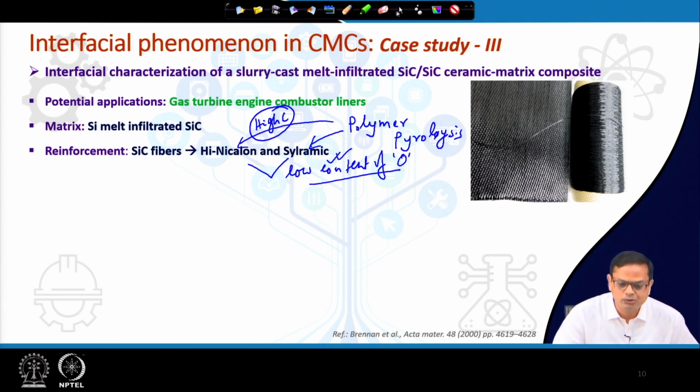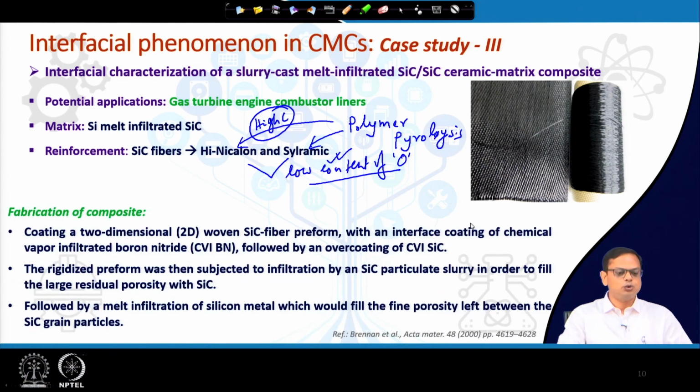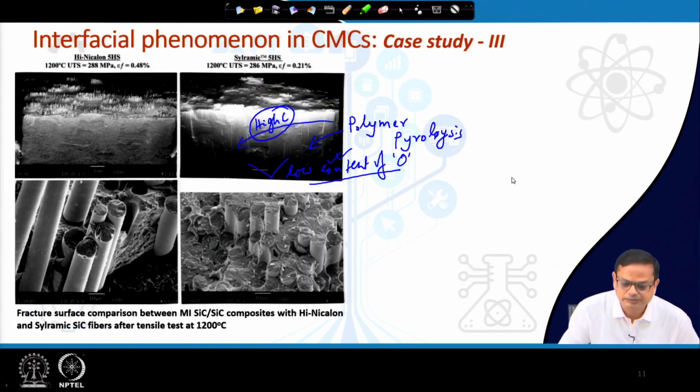Now, let us see how this composite has been made. This is something we need to understand: this kind of SiC fiber has been taken, which is basically a 2-dimensional woven SiC fiber preform, and on this fiber an interfacial coating of boron nitride has been applied by CVI, chemical vapor infiltration.